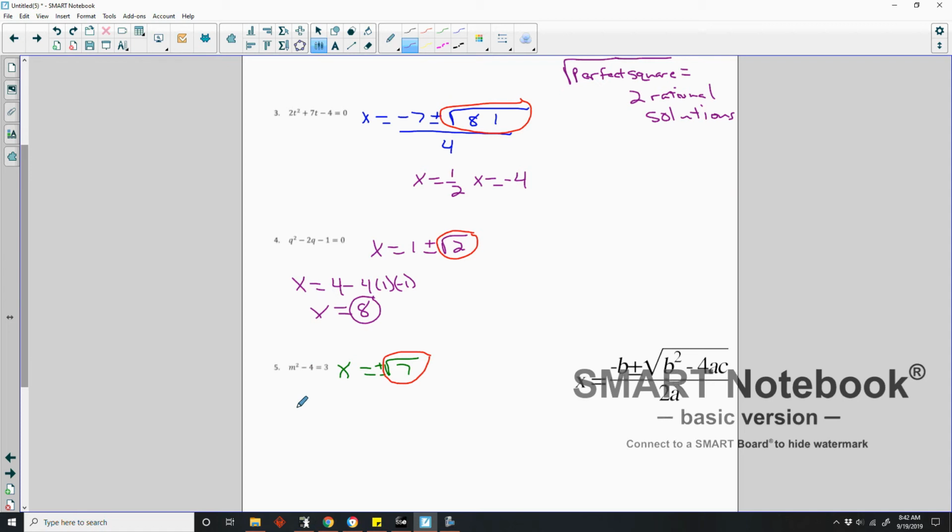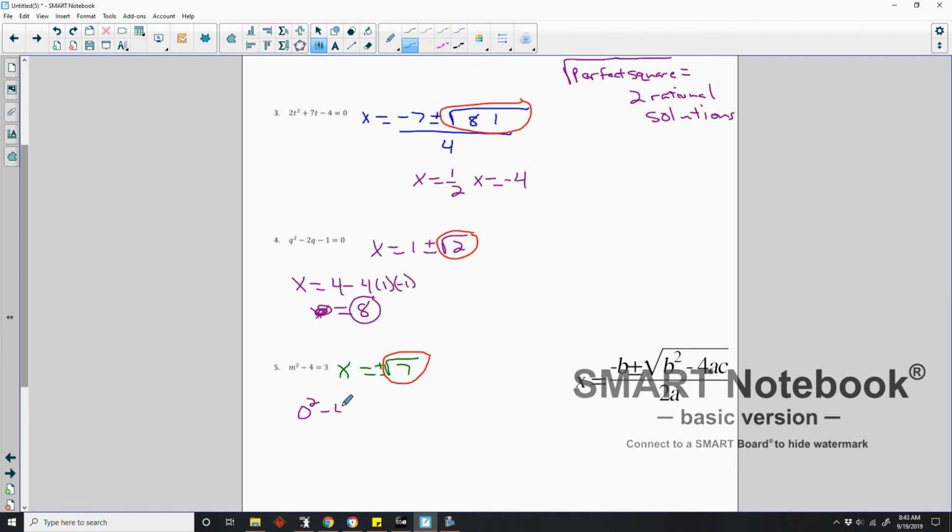All right, and in this one, b squared, there is no b, so that'd be 0 squared. Actually, no, not here. That's just the radicand or the discriminant.